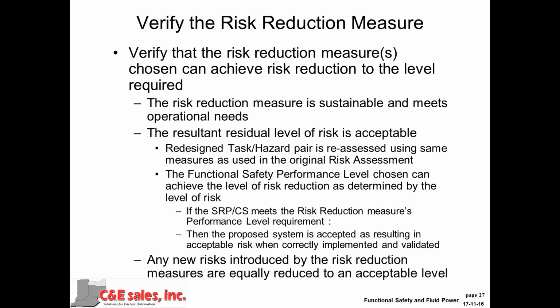If we used a functional safety performance that defines how the circuit should work and what its reliability needs to be, if the circuit we propose meets the requirement that was set in the risk assessment, then when it is correctly implemented and validated, then that level of risk is assumed to be acceptable.